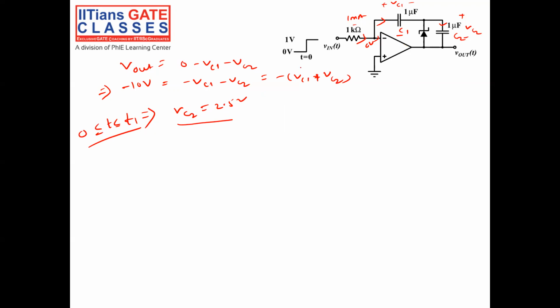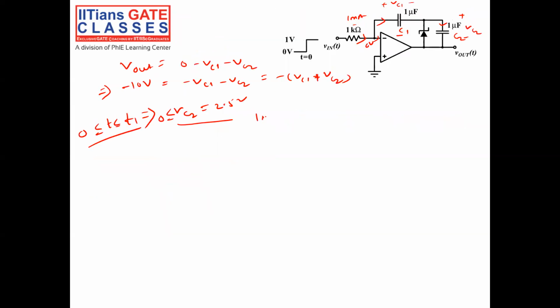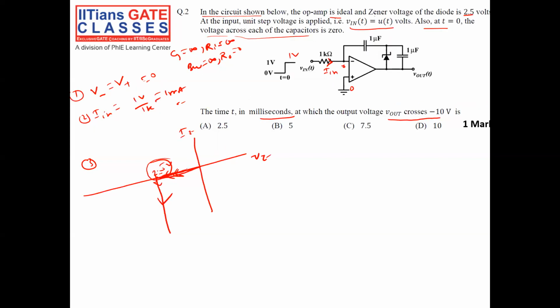Initially, from 0 to 2.5 volt, what will happen? Since my voltage across the Zener will be increasing from 0 to 2.5 volt with zero current, the whole 1 milliampere will flow through C1 and C2. There will not be any current through the Zener because up to 2.5 volt the current is 0.